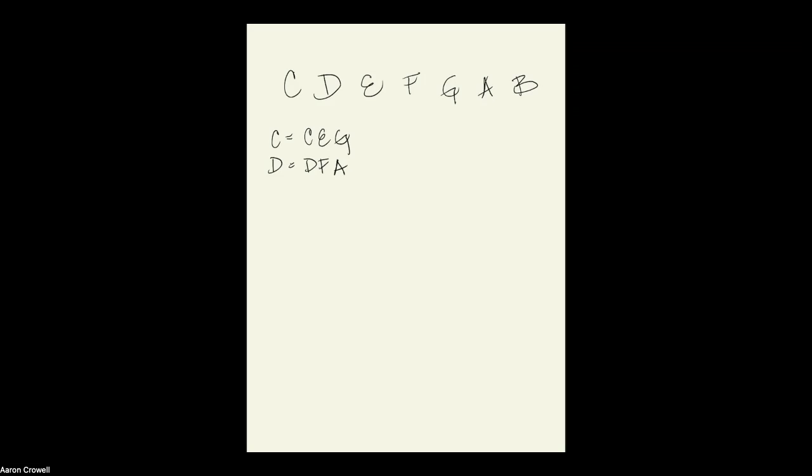So if we type in D, F, A, we're actually playing a flatted third in the key of D, which would make it a D minor. So let's go ahead and notate that. Let's move this guy back and give it a little m in front of it, D minor.